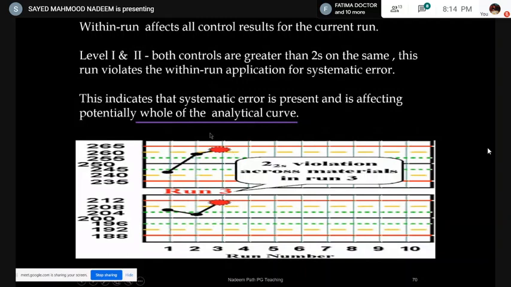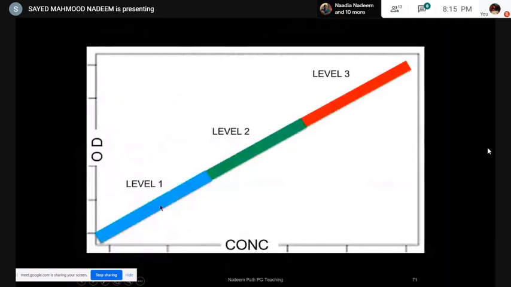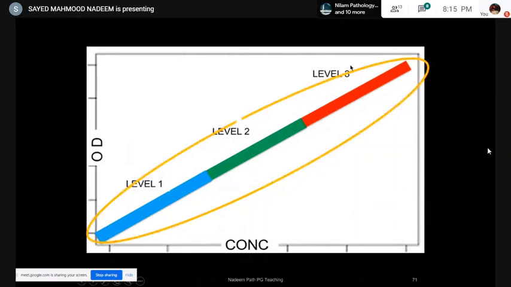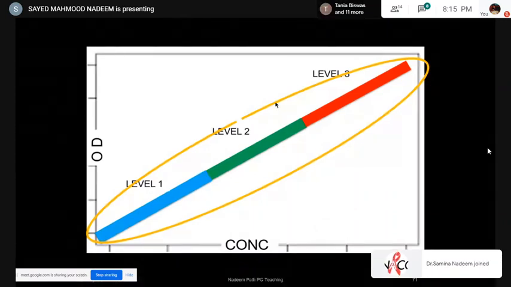If you get that, it means that the analytical curve, both the lower 1/3 and the upper 1/3, both are getting affected. So if you see, level 1 is also affected and level 3 is also affected. So your entire analytical curve is in suspicion. So all your results, whether it is normal, below normal, or above normal, are likely to have a bias which can be wrong in critical areas. So you cannot release this report.